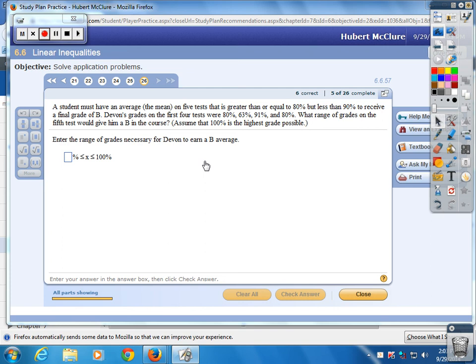So it'd be 80 less than or equal to x less than 90 to receive a final grade of B. Devin's grades on the first 4 tests are 80, 63, 91, and 80. What range of grades on the 5th test will give him a B in the course? So work on that.